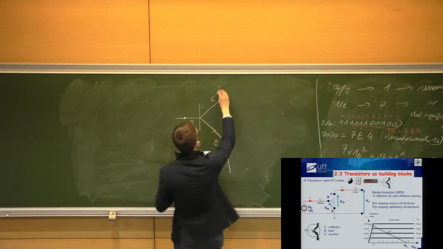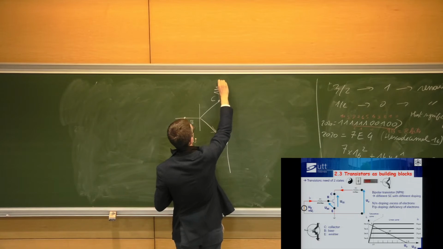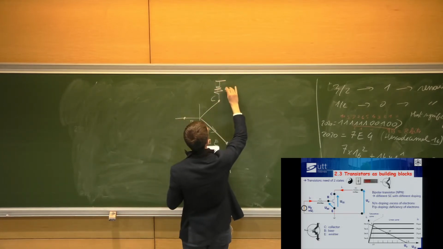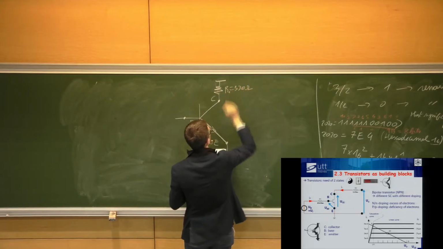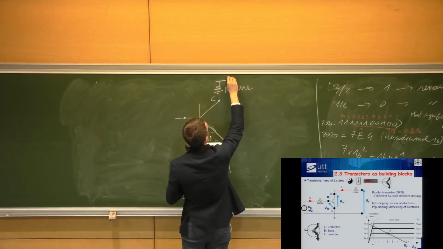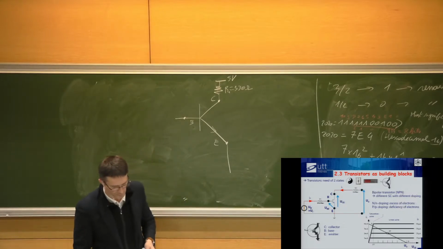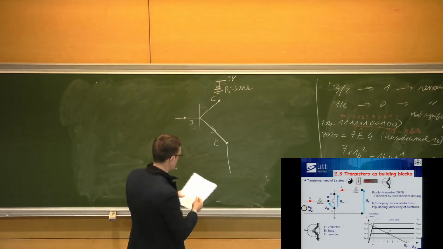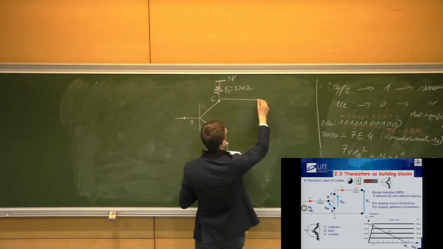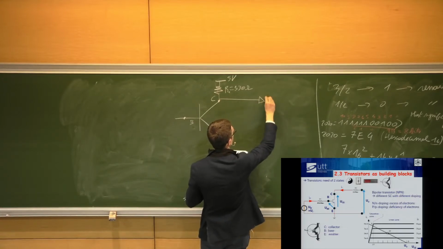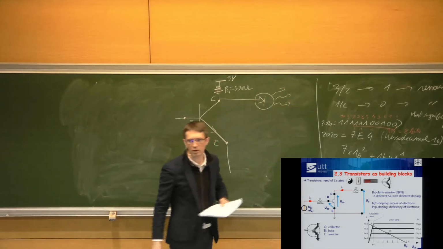Then we've got a resistor, I'll use the Anglo-Saxon conventions, a resistor of 330 ohms, powered by a 5 volts power supply. And there is an LED that will give us the state of the transistor.